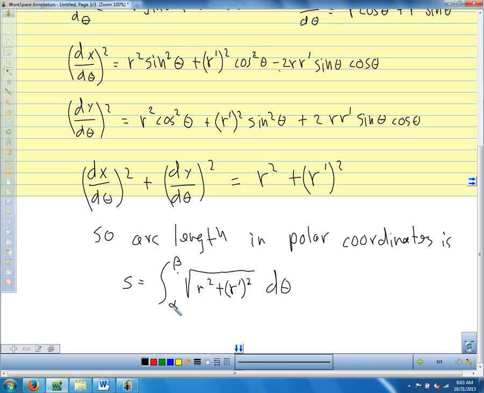One thing that we have to be careful with when we're finding our arc length is that our curve is only traced once on the interval from alpha to beta, and we want to make sure that it's not intersecting itself somewhere in between the limits of our integration.